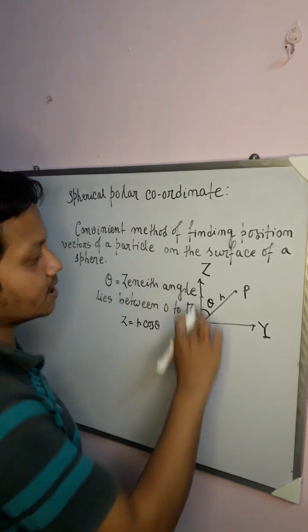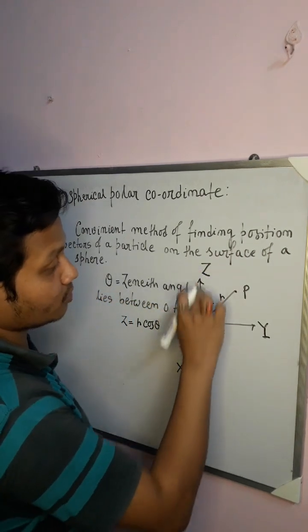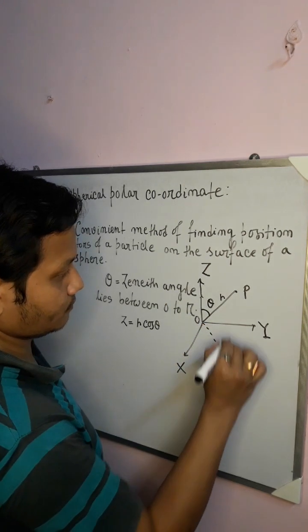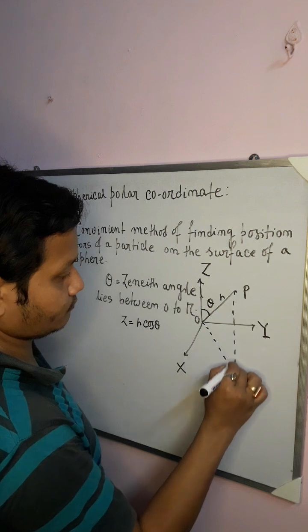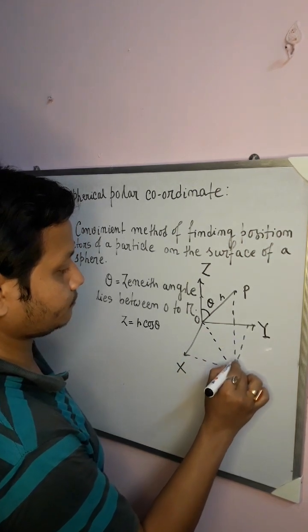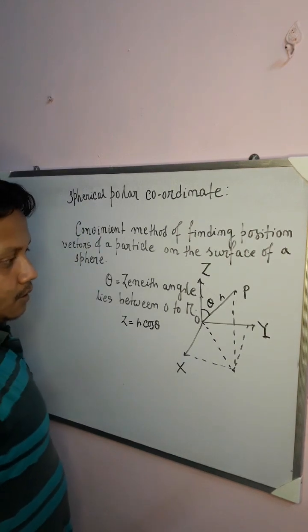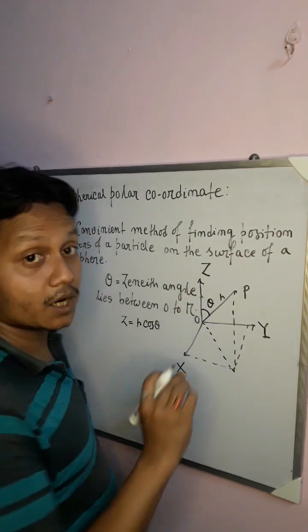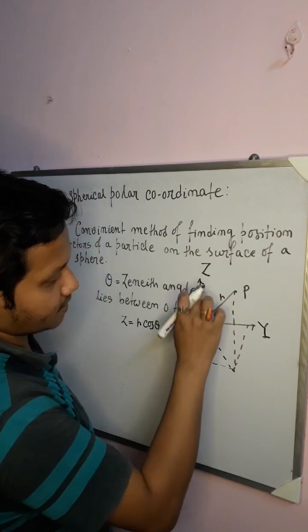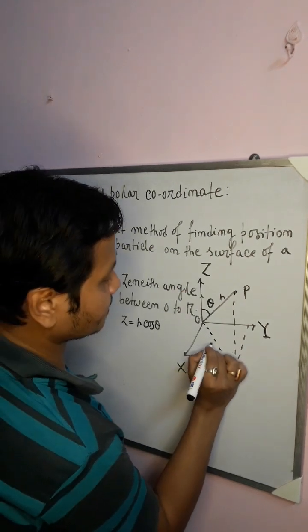Now what is the horizontal component of this line? If this is r cos theta, this is r sin theta.